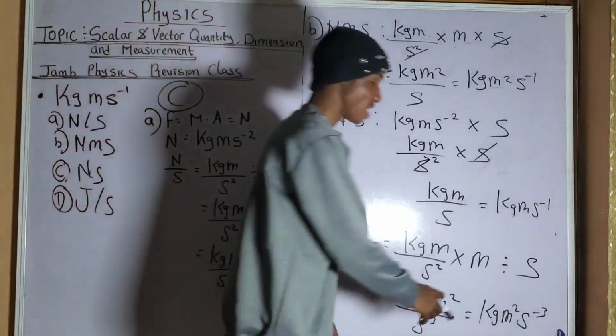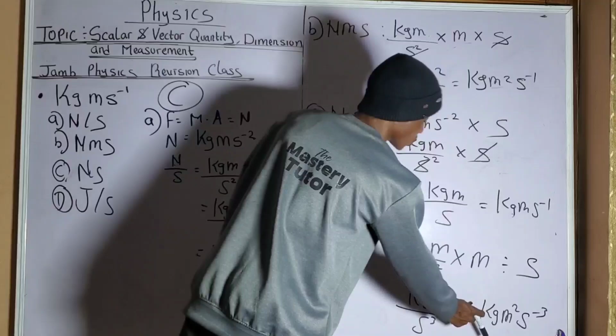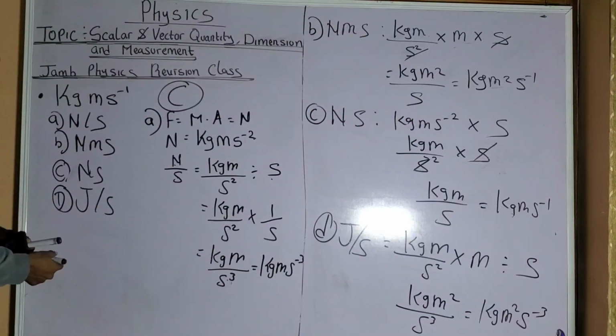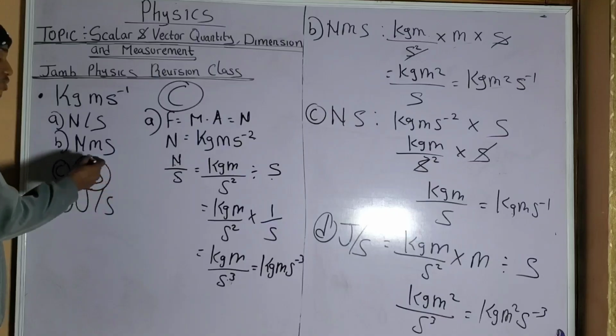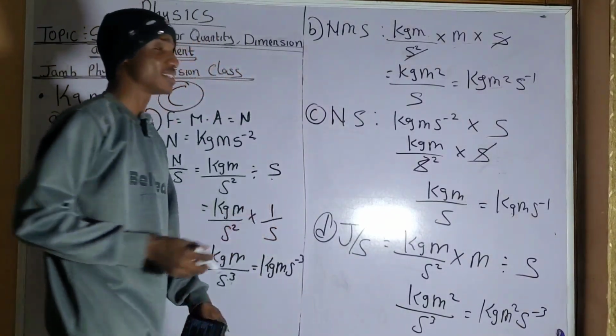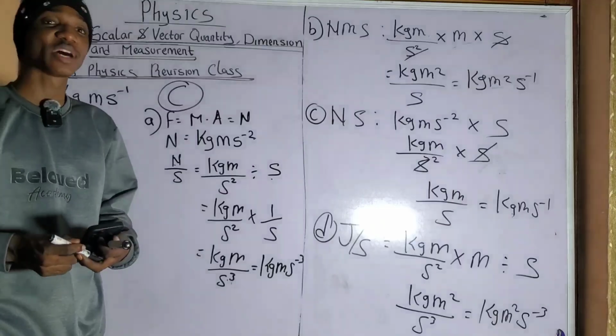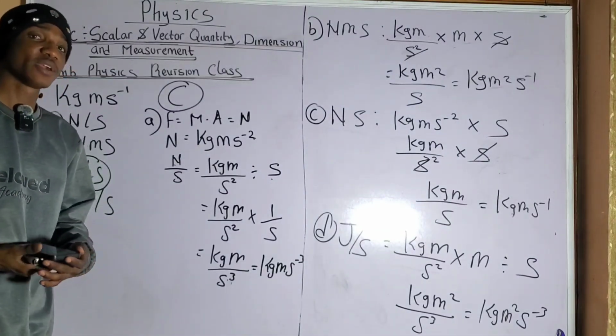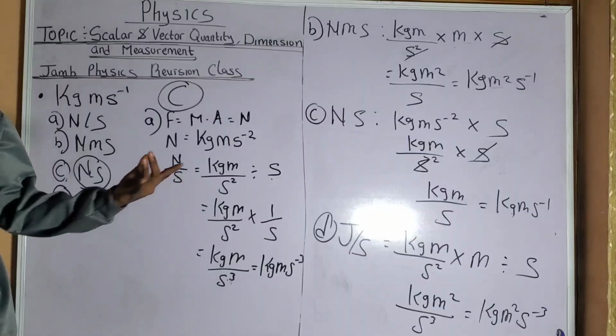That's how I have this. You can see that this also is not equal to what we have here. So the only unit that is equal is Newton seconds, and the correct option is option C. Now you can see the reason why other options are not correct. That's how to answer objective questions, especially when you are dealing with a topic of this kind.